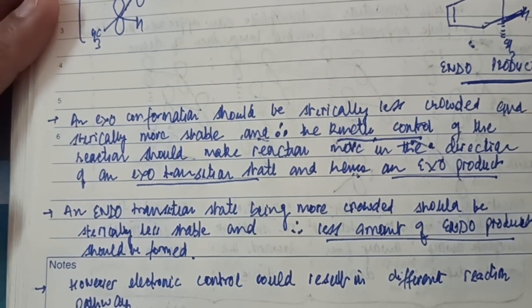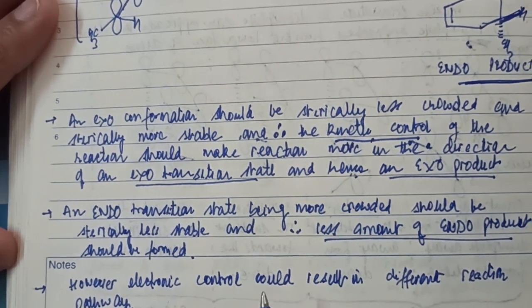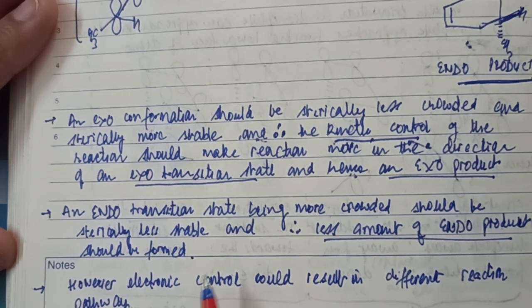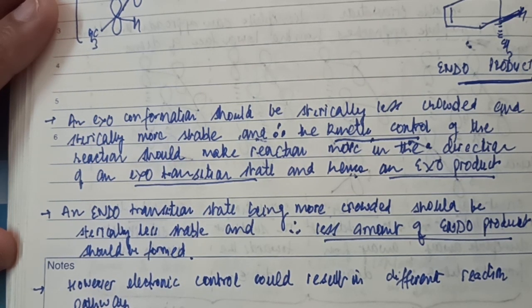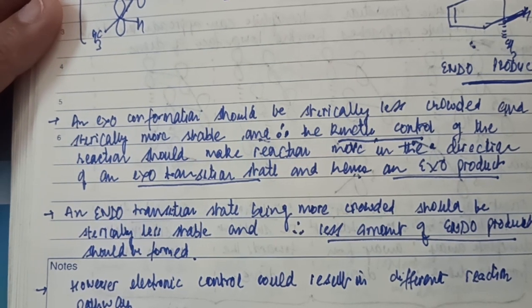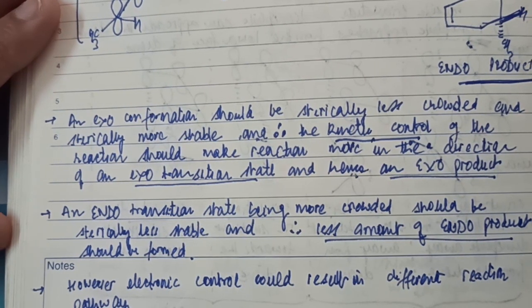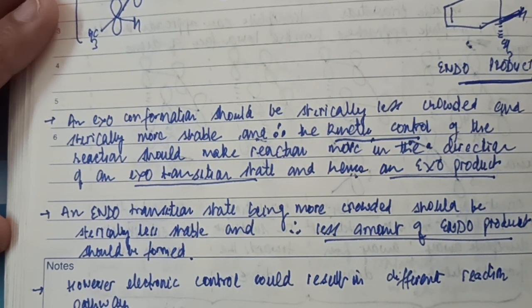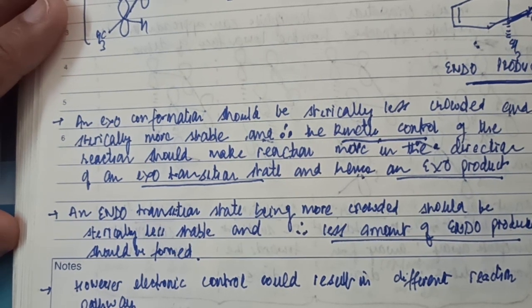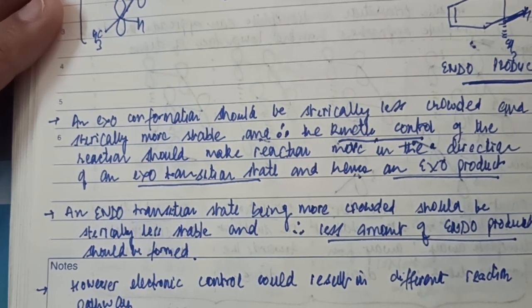At times there is also electronic control in certain reactions, and whenever there is electronic control, the reaction would produce different results. That means whenever there is electronic control, probably the endo product will predominate over the exo product. However, up to this point, speaking on steric grounds only, it is the exo product which should predominate.